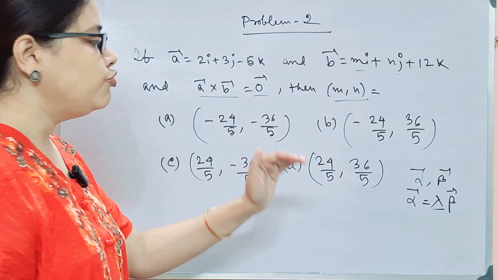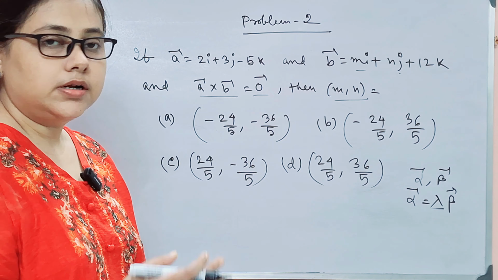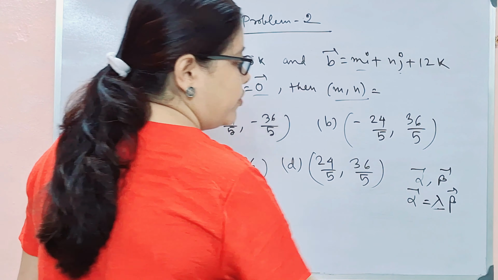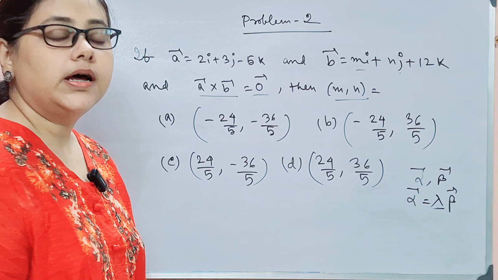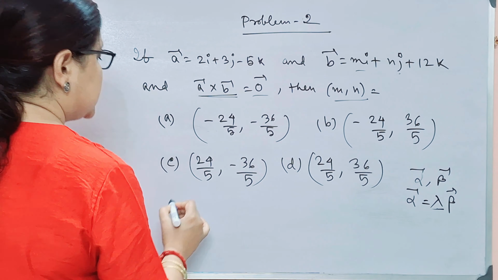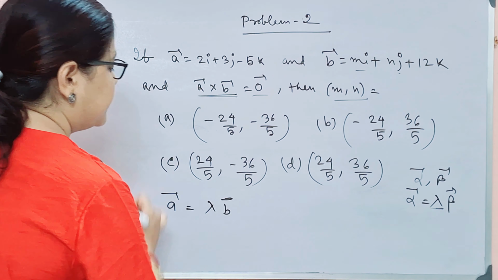So in case of two collinear vectors, one vector can be expressed as a scalar multiple of the other vector. So this implies A can be expressed as lambda B.